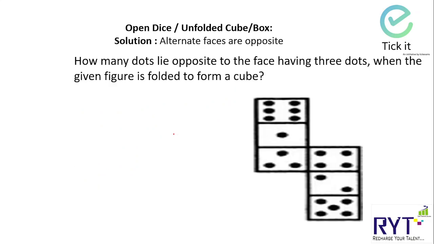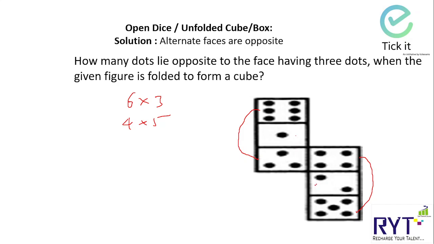Third type is open dice. In the open dice, for example, we have number 6. Leave one box, go to the alternate box. So here number 6 is opposite to number 3. Come to this side, 4 is opposite to 5. Now what is remaining here? 1.